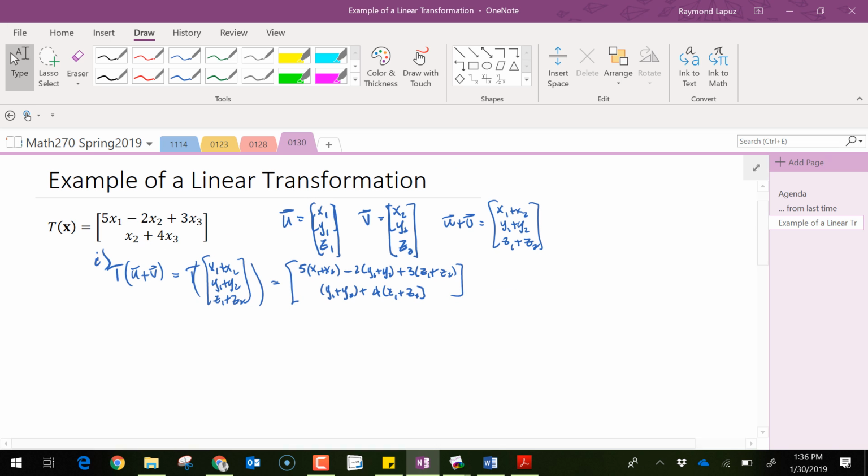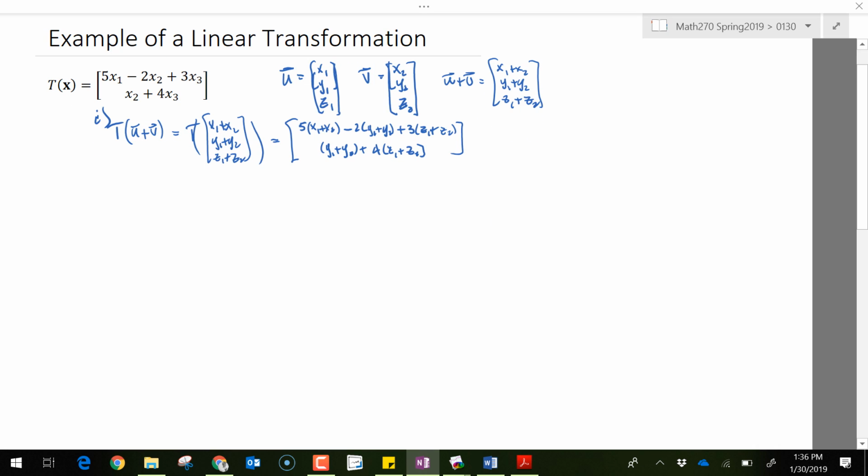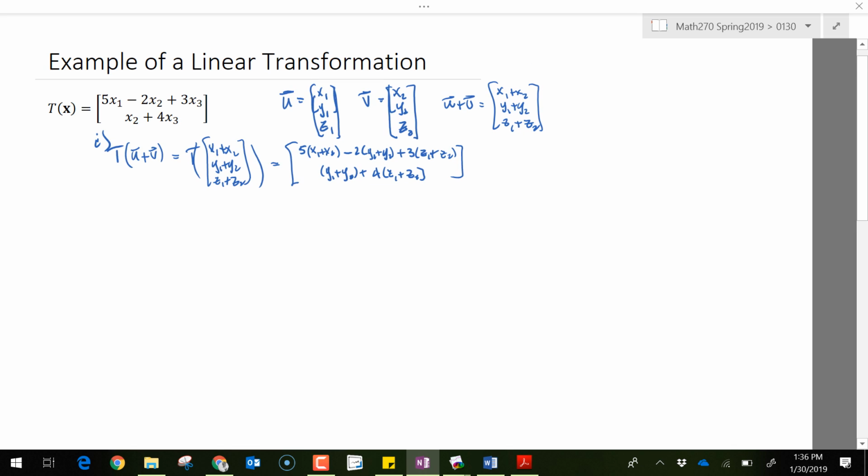You know our goal here? When you're proving stuff, it's always nice to know what your goal is. So your goal is to make it look like T(u) plus T(v), which is basically this thing plus that thing. So let's multiply the 5s and the negative 2s and the 3s and then separate it.